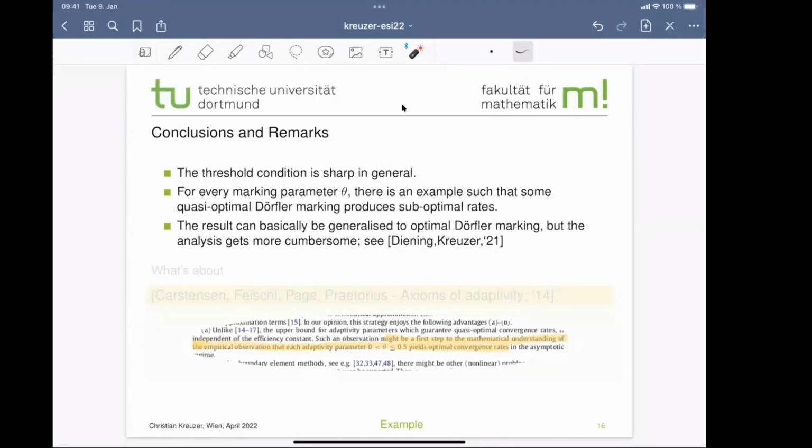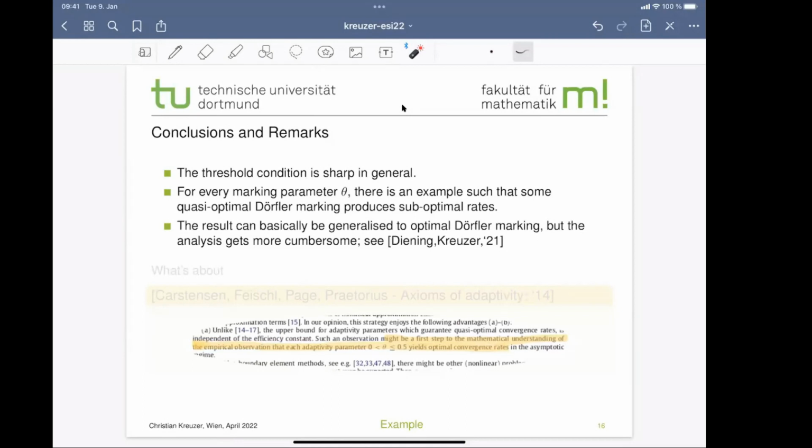Basically, let me conclude and remark on our results. First of all, what this example proves is that the threshold condition is sharp in general within the framework of the axioms. Okay, you cannot avoid it as long as you stick to this abstract framework.